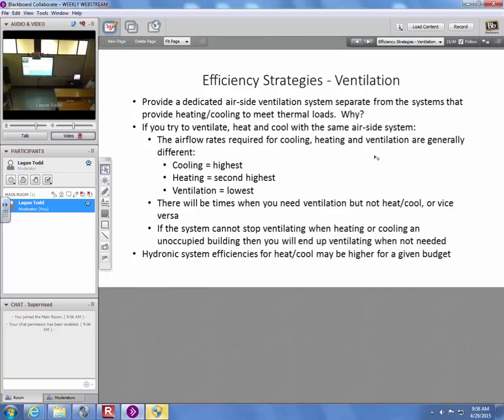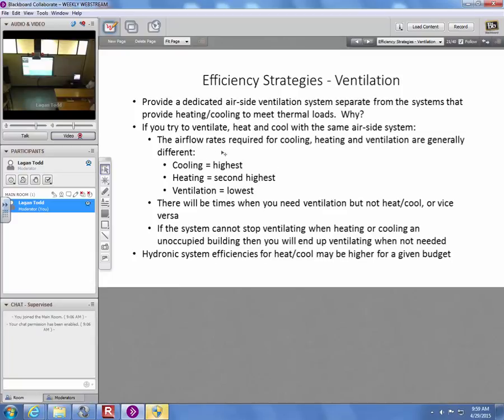Okay. So let's look at this concept of decoupling. If we provide a dedicated air side ventilation system separate from the systems that heat and cool, why would we do that? It's to avoid the challenge of trying to ventilate, heat, and cool with the same air side system. This is kind of specific to air side systems. The airflow rates that are required for cooling, heating, and ventilation are generally different.